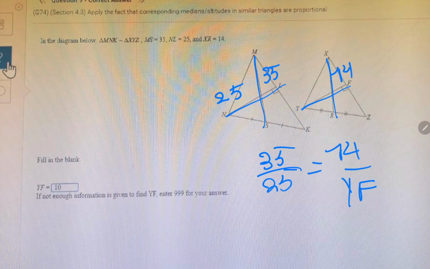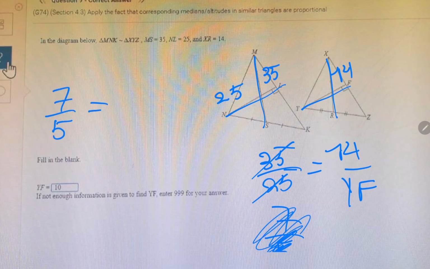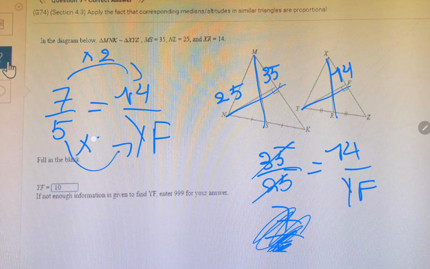Now we do cross multiplication, or first we simplify this. We're gonna have 7 over 5 is equal to 14 over YF. Now how does 7 become 14? We multiply it by 2, so 5 will become YF. If we multiply it by 2, that means YF is 10. Done.